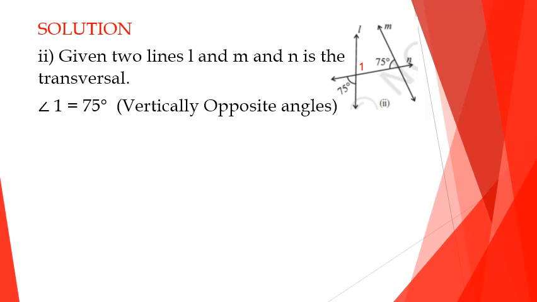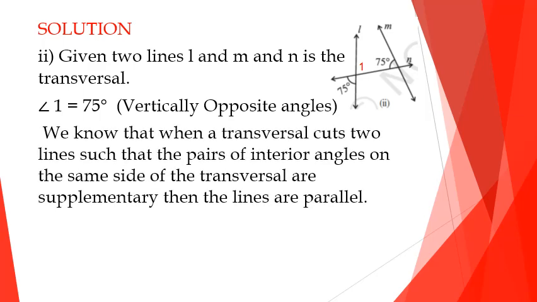Yes, now they are interior angles on the same side of the transversal. What is the condition for lines to be parallel? When a transversal cuts two lines such that the pair of interior angles on the same side of the transversal are supplementary, then the lines are parallel.